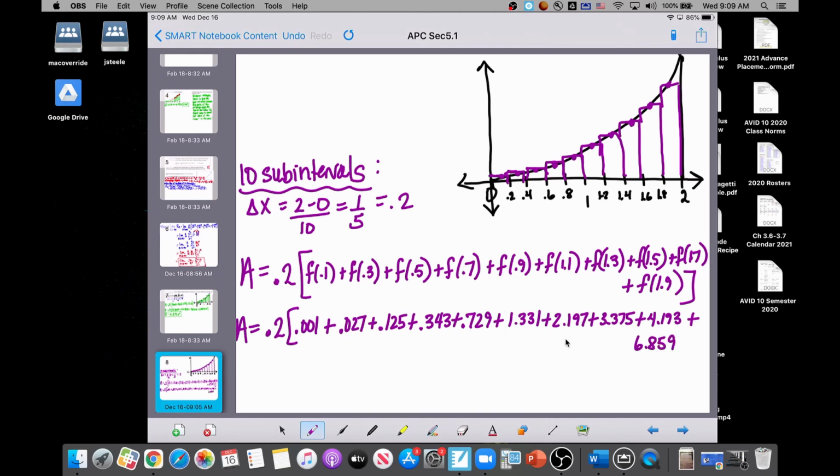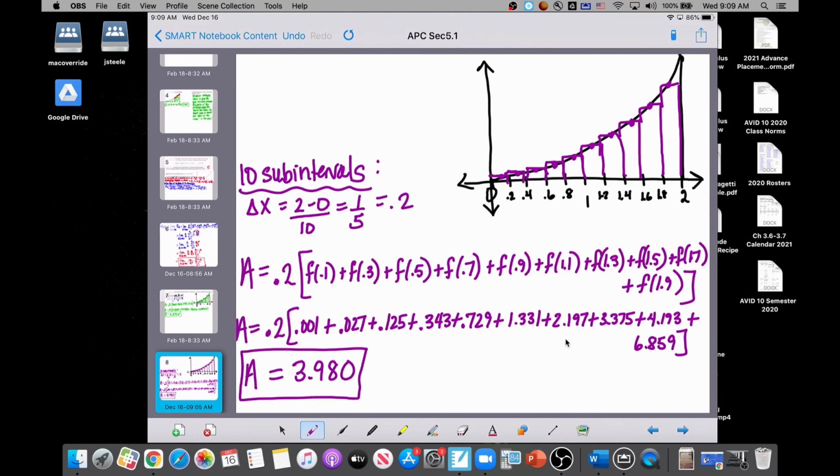Be very patient with your calculator. It is your friend. Okay, and then we are going to add all those together, multiply by 0.2, and we end up with our area is 3.980. Okay, so obviously more accurate.